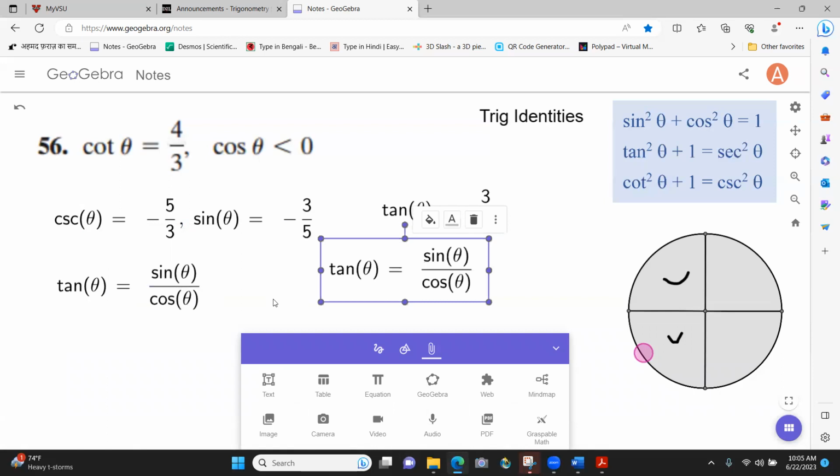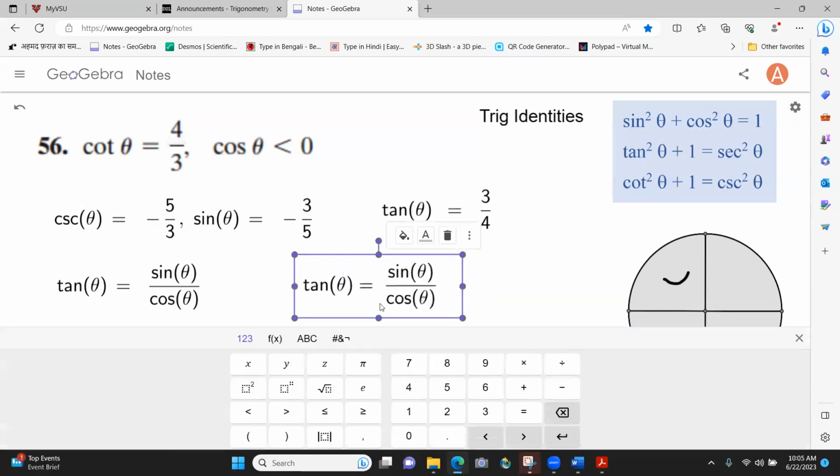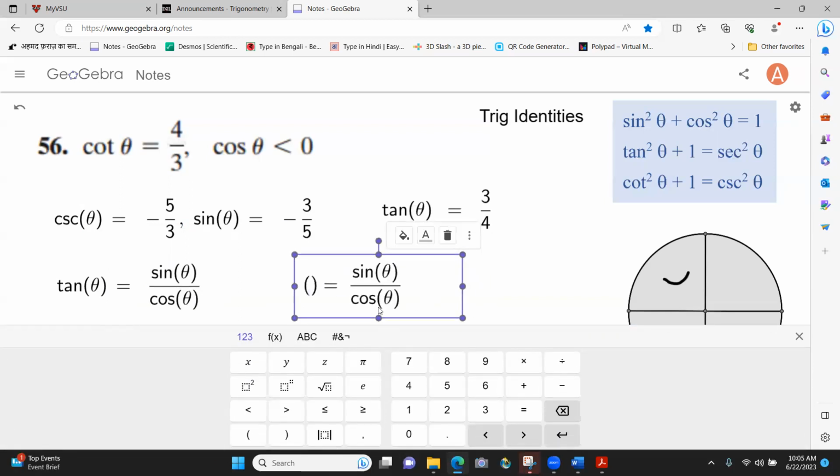Tan theta is 3/4. And sine is negative 3/5. We'll squeeze that in. If it kicks me out, I'll come back and start here. Don't panic. I need to find cosine theta.